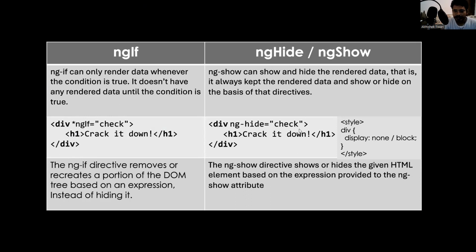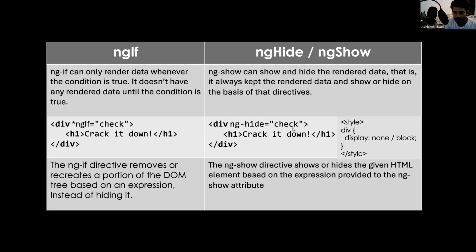Now in NgShow, the NgShow directive shows or hides the given HTML element based on the expression provided. Whenever this is true, this will be shown. Sorry, it's NgHide. If we use NgShow here, then if the condition is true, it will be shown. Here we are using NgHide. We can use NgShow also. For NgHide, whenever this check contains false, it will be shown.